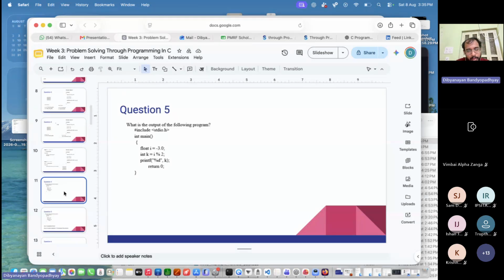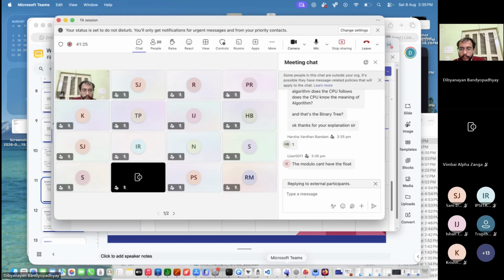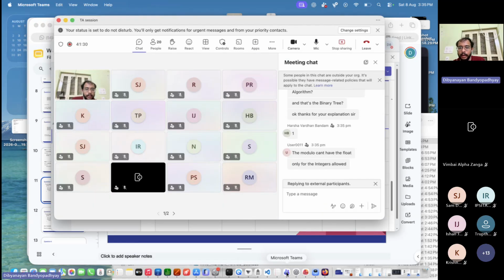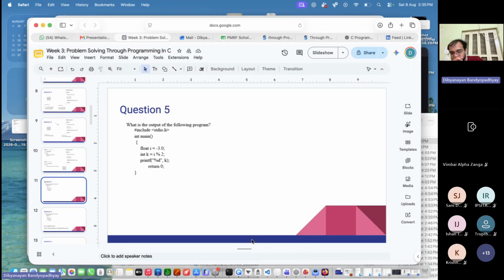There is a basic problem in this question. So can you identify the problem actually? Modulo can't have the float, only for the integers.